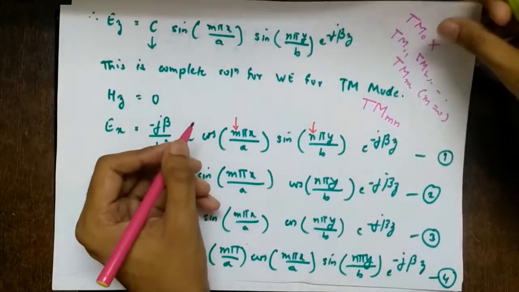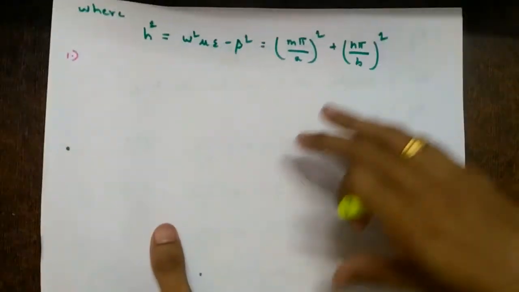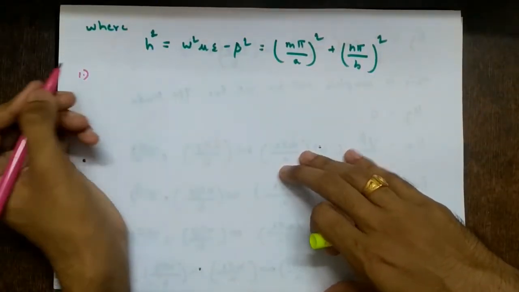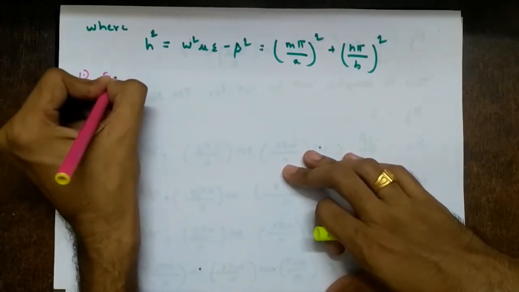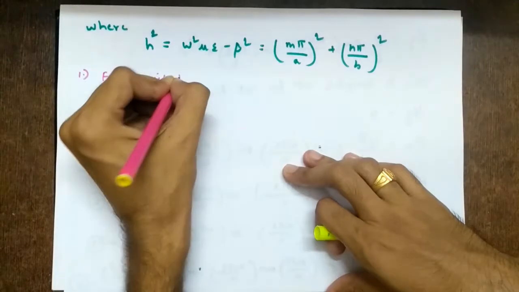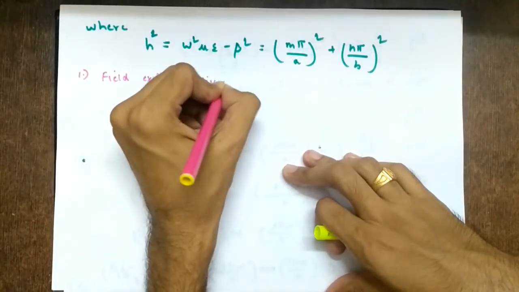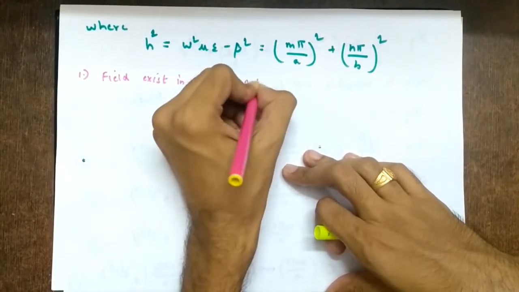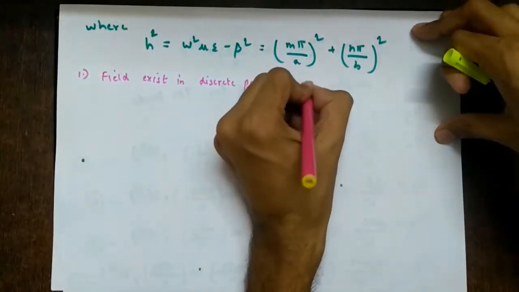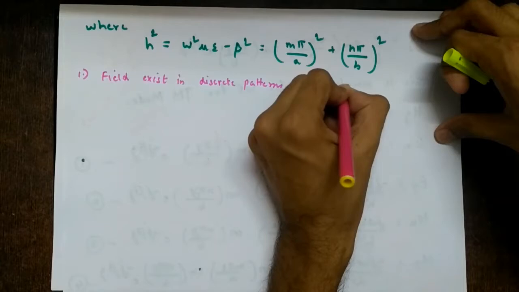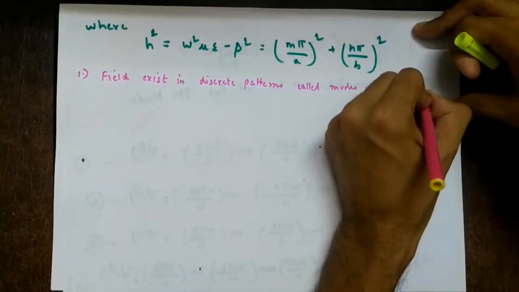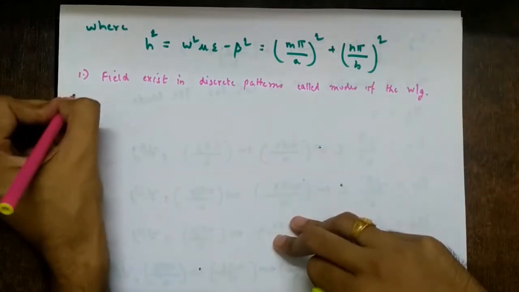We have seen that in parallel plane waveguide. Depending on the m value, we have different patterns, that is, 1 half cycle variation, 2 half cycle variations, and so on. So we say fields exist in discrete patterns called modes of the waveguide, right?